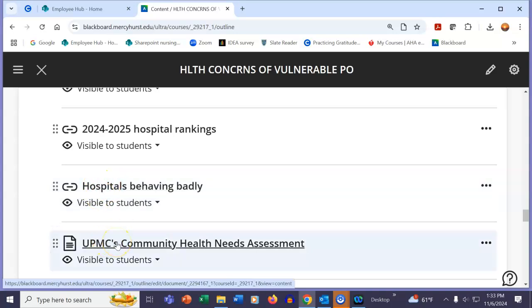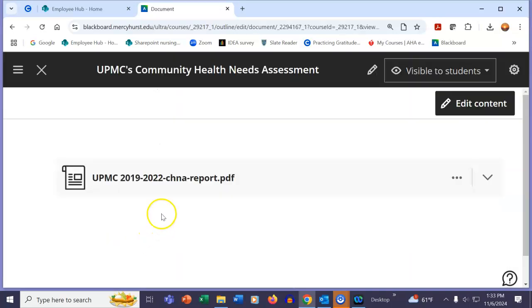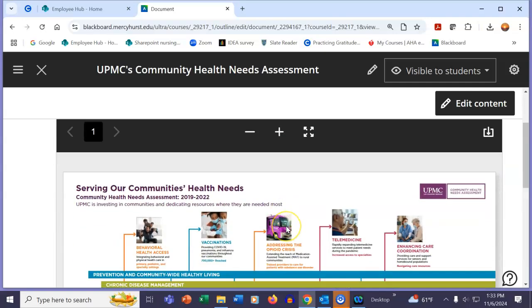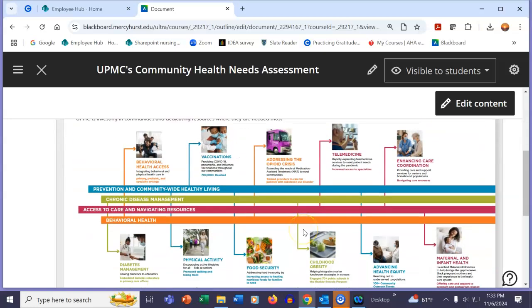And then to continue on with UPMC, I want to look first at UPMC's Community Health Needs Assessment. So if you click on that, this is again UPMC, the health system, their Community Health Needs Assessment. They have it really nicely done as far as where they are putting their money and their action for community benefit. Access to care, behavioral health, chronic disease prevention or management, and prevention.